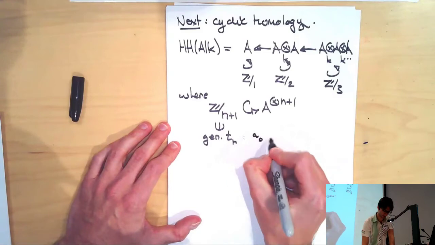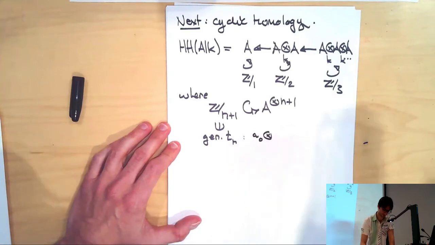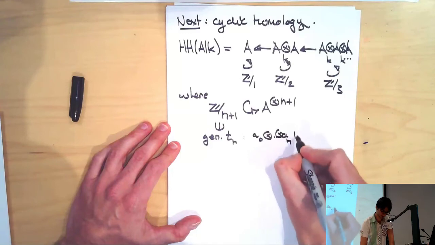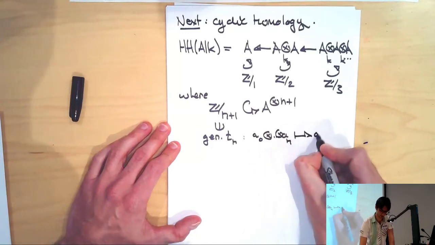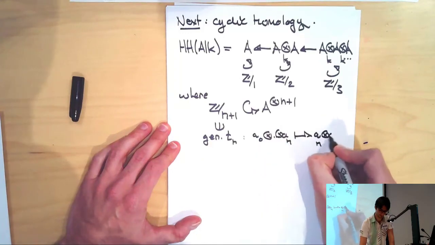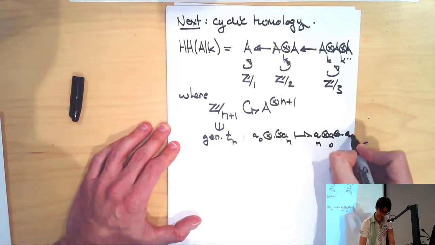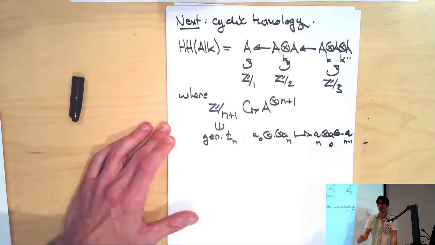Just to eliminate any fears about whether I move things to the right or the left. Okay, I take my symbol like this, and my generator will act by, pretend there's another tensor symbol there, I'm sorry, I just shift everything to the right.